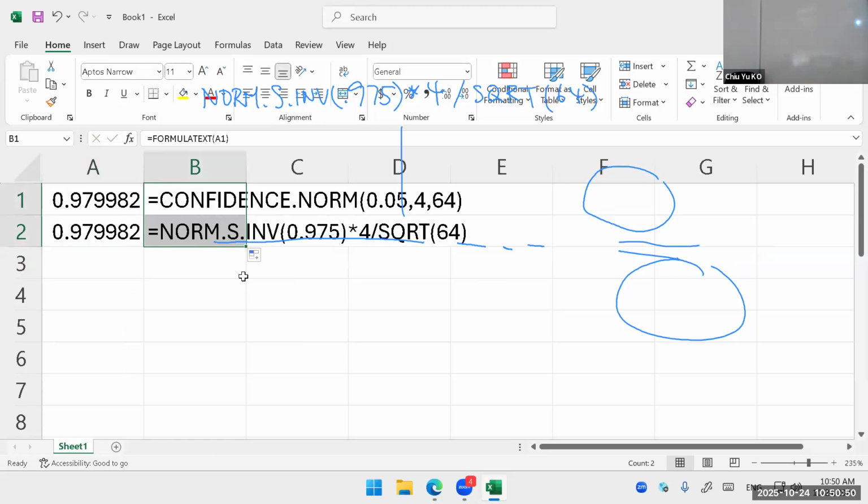Okay. So that actually proves this is exactly what the calculator is doing behind the scenes.